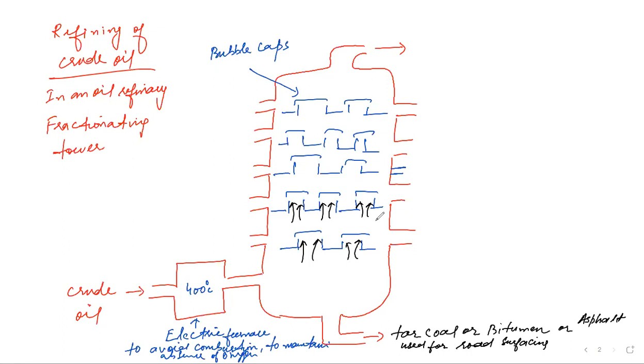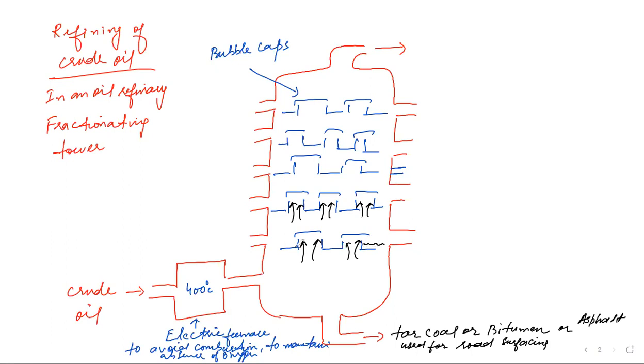But when we allow them to cool, the temperature drops from 400 degrees Celsius back to 390, 380, 370. So those fractions which have high boiling point will condense first. Got it? Okay. Yes, sir.